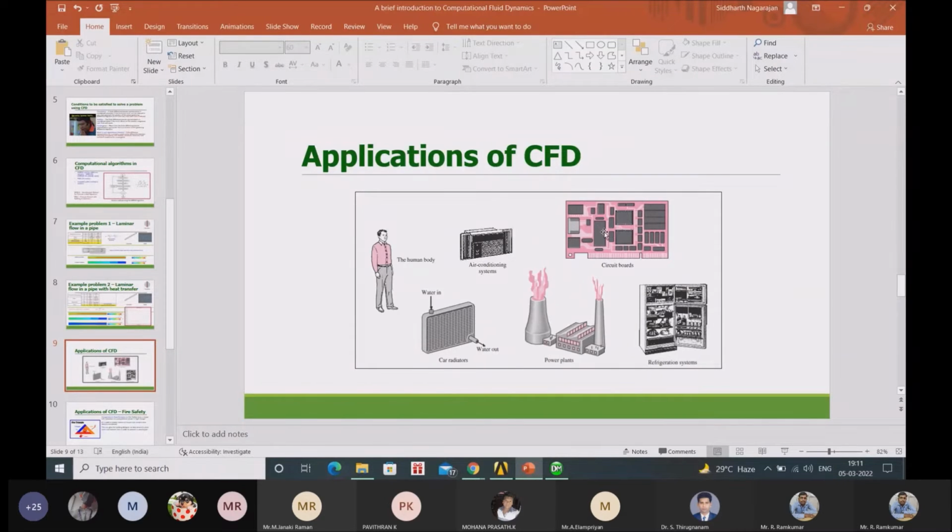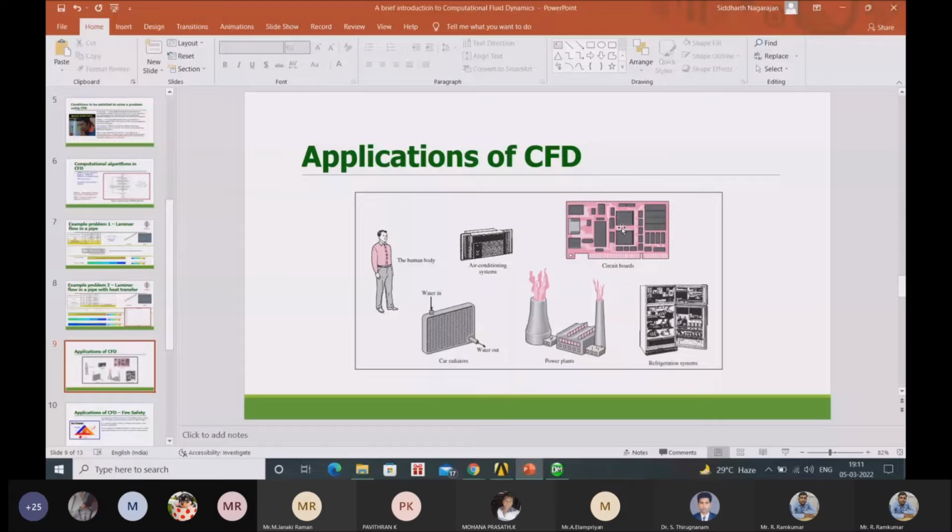For example, for a chip, if the temperature goes above 160 degrees, it's going to explode. So nobody wants that. We need to try and cool it somehow. So how do we cool it? So you'll bring in your knowledge of heat transfer and try to model something like a heat sink to cool the electronics. And then there is obviously a car radiator.